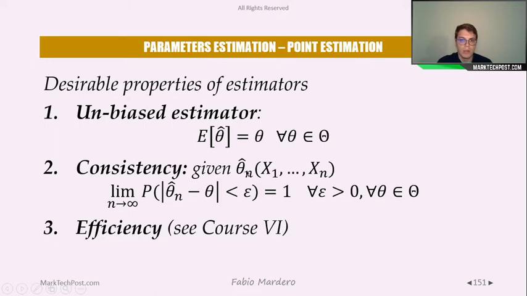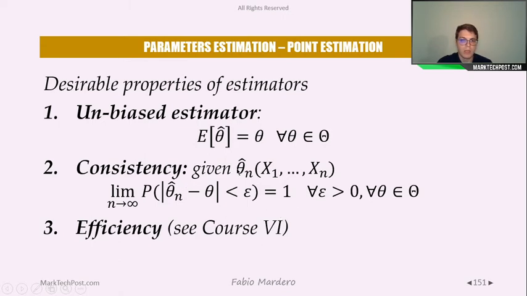So given this estimator, in which we write n to describe its dependency on the sample size, we would like the estimator to converge to theta, to our true parameter, as n goes to infinity.